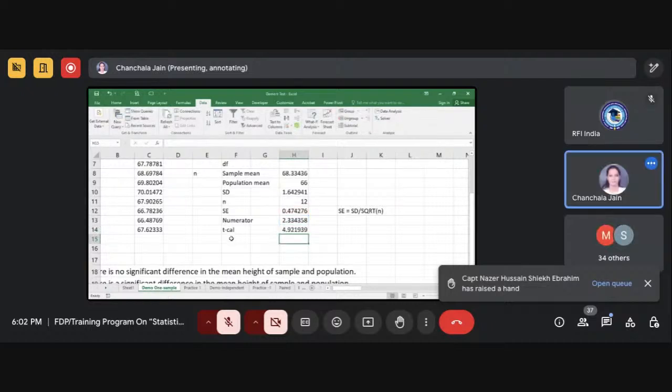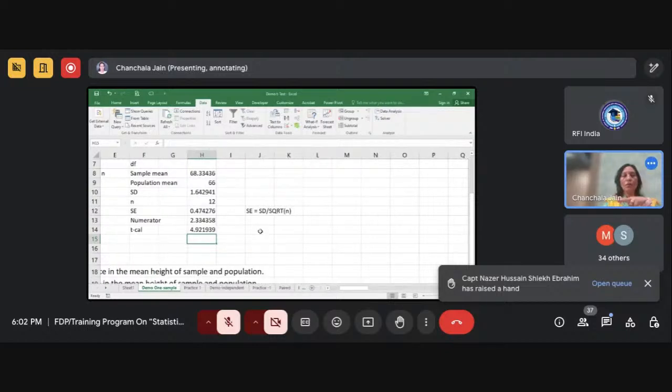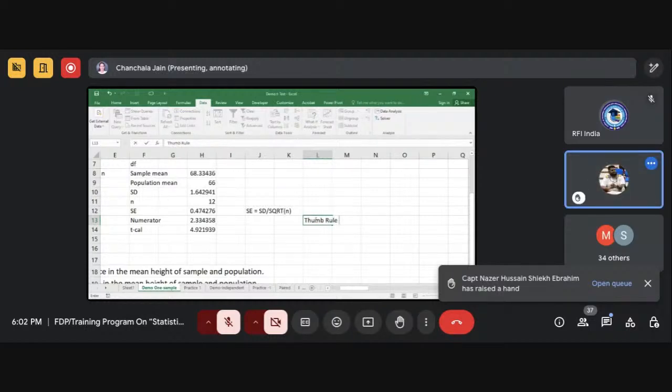Now the question comes, you need to make a decision. For making the decision, yesterday I told you two thumb rules. Can anyone recall? If p is less than 0.05, then the null hypothesis is rejected.